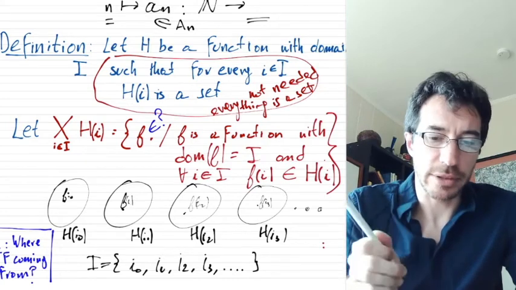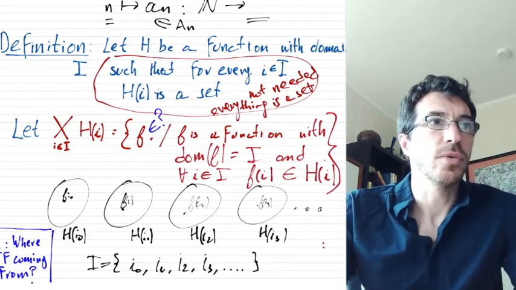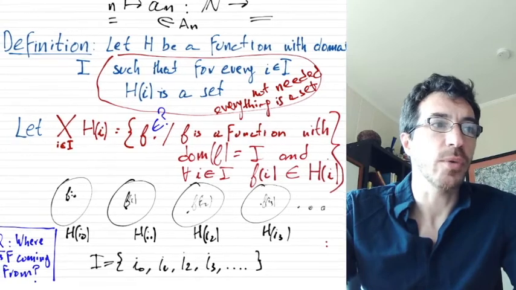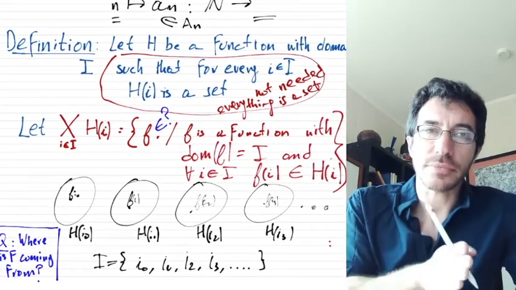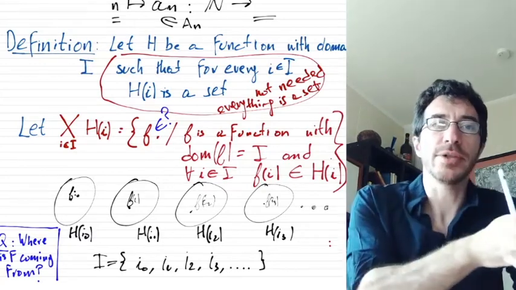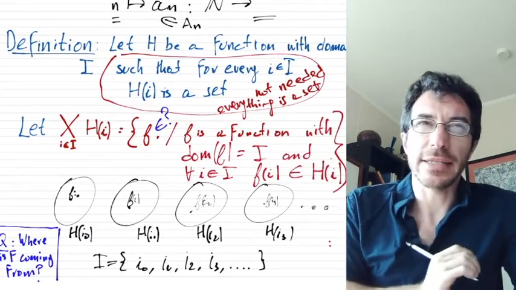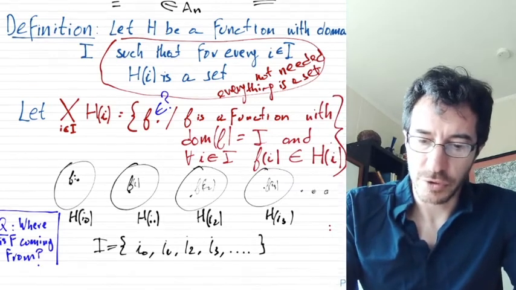I'll let you guys think about this one. It's an interesting question. Where are we taking this f from so that we can define the Cartesian product using the subset axiom? We need to take them from somewhere that we know how to build already. Where are we getting these f's from? Good question for you guys.